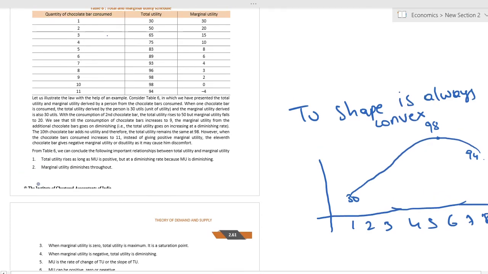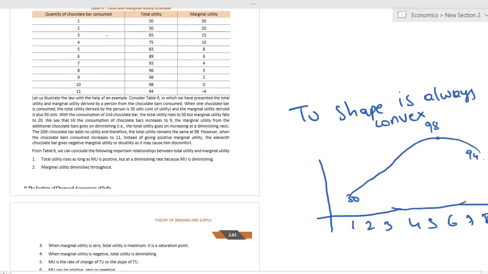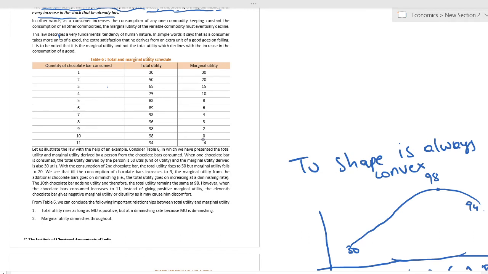And the marginal utility curve diminishes throughout. So marginal utility decreases throughout. That's why it has a downward slope. When marginal utility is 0, total utility is maximum. It is a saturation point. So when marginal utility is 0, TU is maximum. So 98 is the maximum.